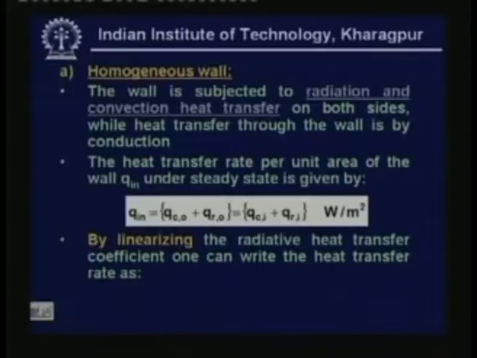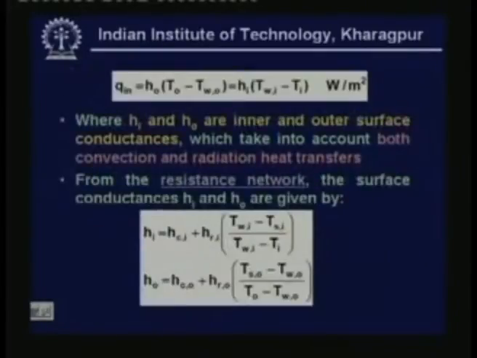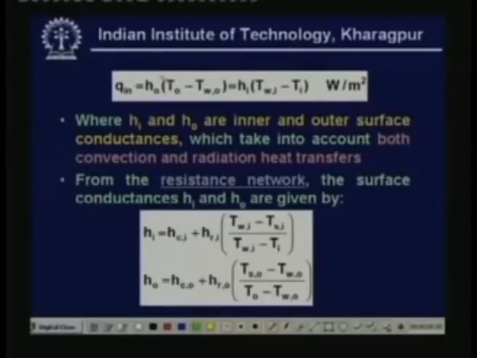By linearizing the radiative heat transfer coefficient, we can write the heat transfer rate as Q in is equal to h0 into (T0 minus Two), which is equal to hi into (Twi minus Ti), where hi and h naught are inner and outer surface conductances. Okay, so this is known as outer surface conductance, and this is known as inner surface conductance.